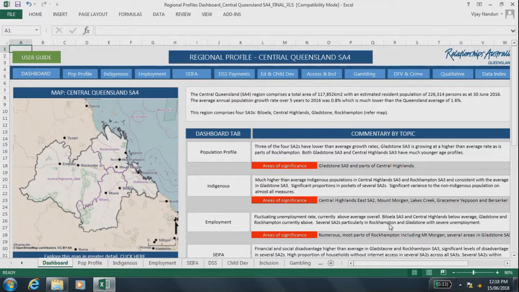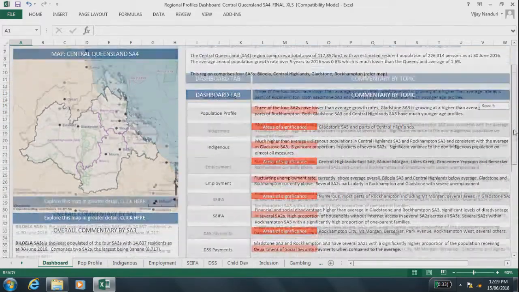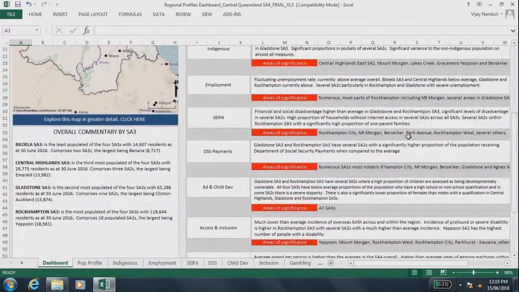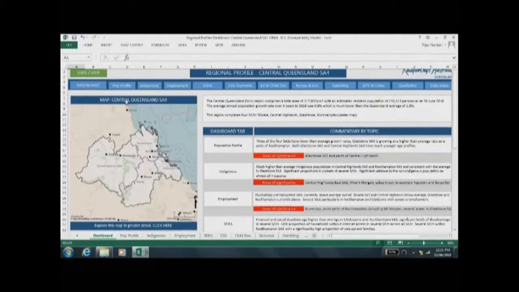Commentary by topic provides a quick acquaintance with the region, highlighting some areas of significance. Commentary by SA3 provides a brief overview of each SA3 in terms of population size and the number of SA2s it contains.